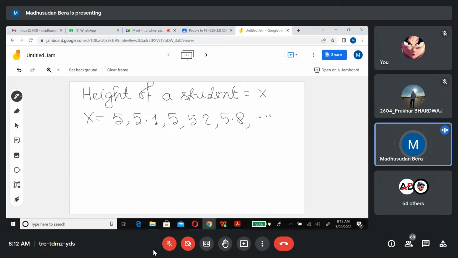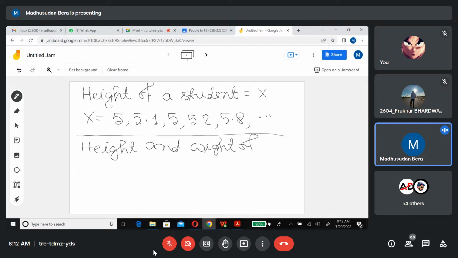Now suppose the height and weight of a student. So how many variables are required for this? Height and weight.